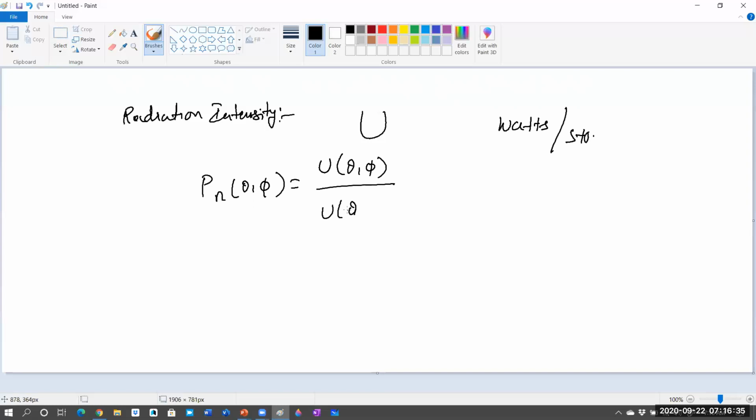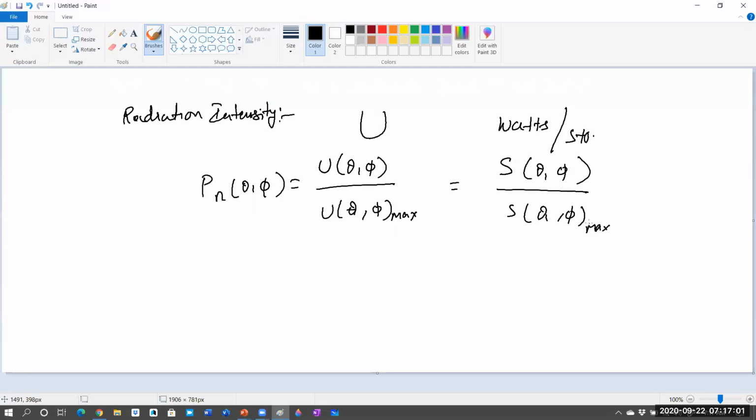U of theta, phi by U of theta, phi max. In the last class we wrote a term S, the Poynting vector, and that is also correct: S of theta, phi by S of theta, phi max, both are exactly right.